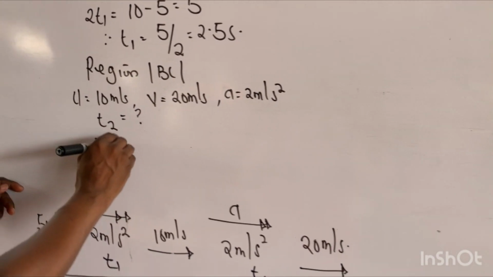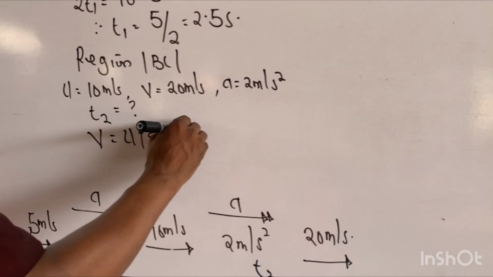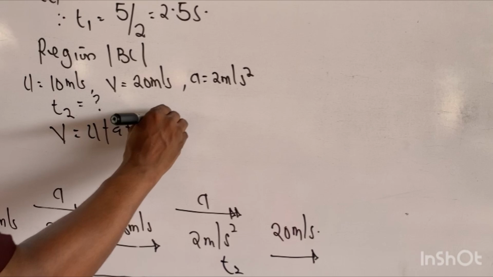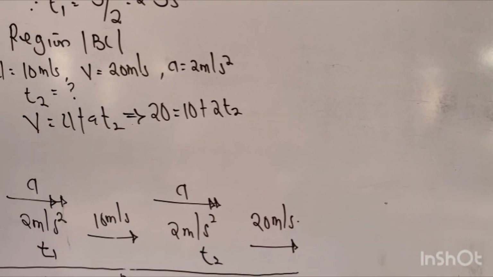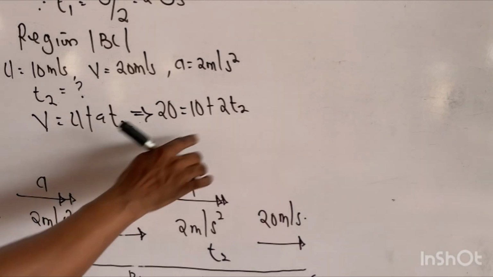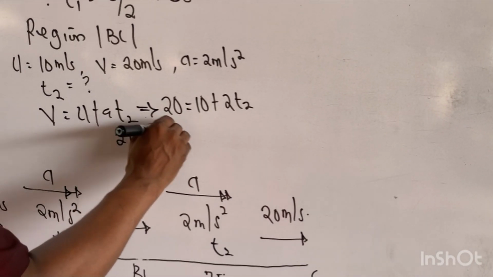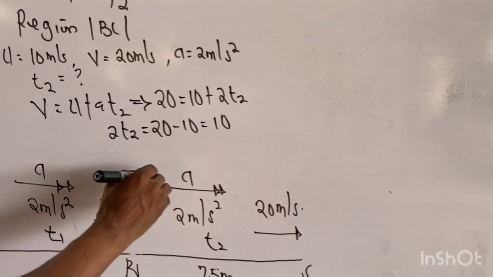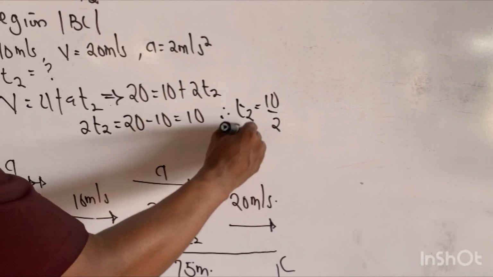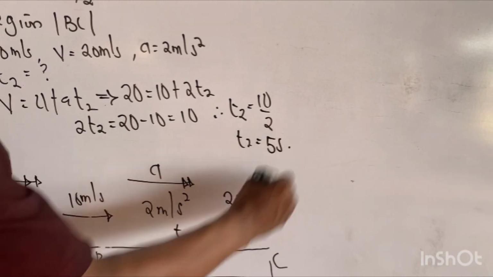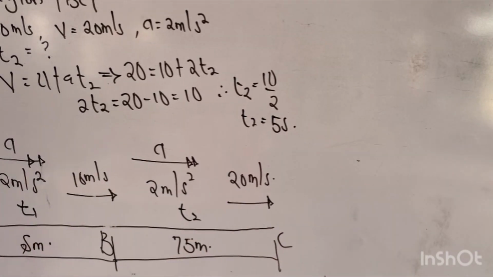We have v equals u plus aT2. So let's fix in the values. My v is now 20, my u is 10, plus 2T2. My a is 2, acceleration. So if I make T2 the subject of the formula, I'm having 2T2 equals 20 minus 10, which is 10. Therefore, my T2 is simply 10 over 2. T2 gives us 5 seconds. So the time the body spent from B to C is 5 seconds.